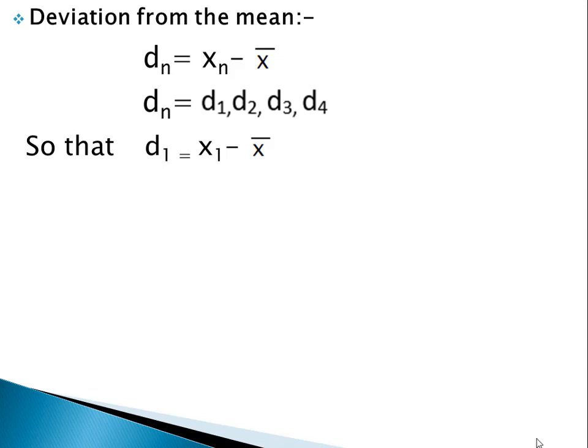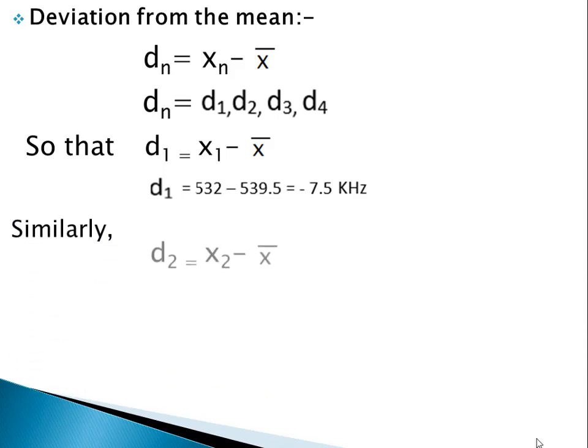We know the value for x1, that is 532, and the value for arithmetic mean which we solved earlier, that is 539.5. After substitution, d1 becomes minus 7.5 kilohertz.